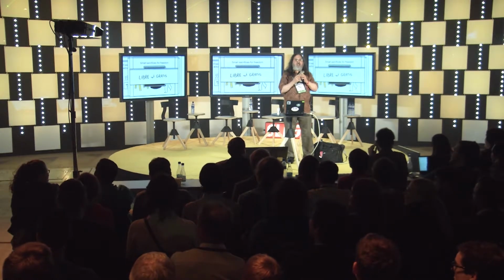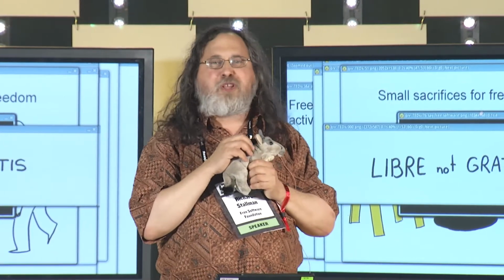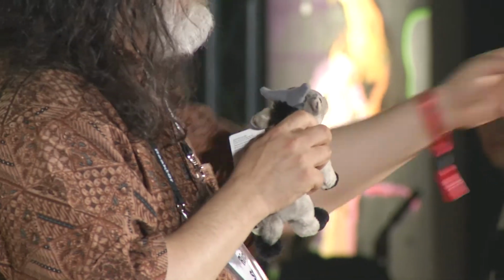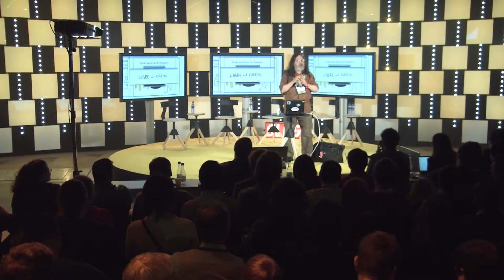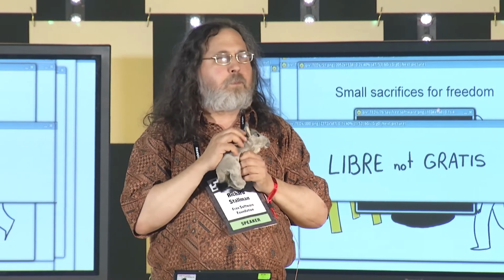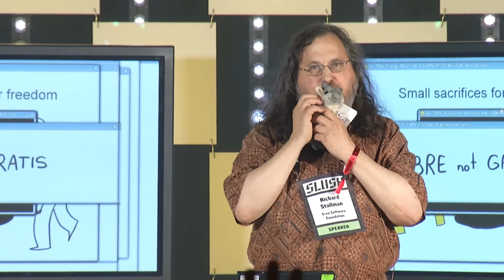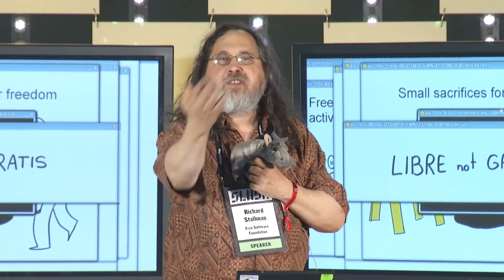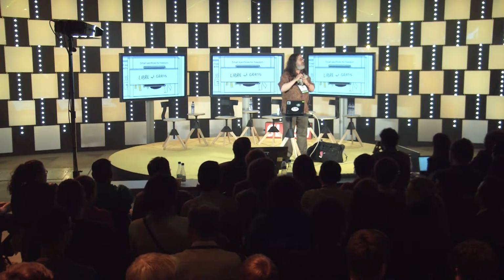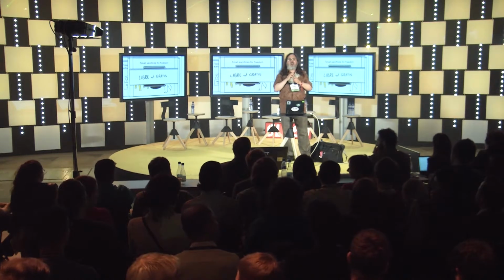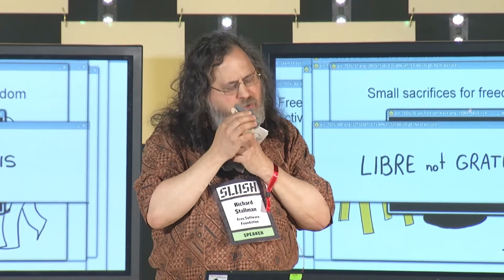Do I get 45 for this adorable GNU? I've got 50. Do I get 55? I've got 55. Do I get 60? I've got 60. Do I get 65 for this adorable GNU?